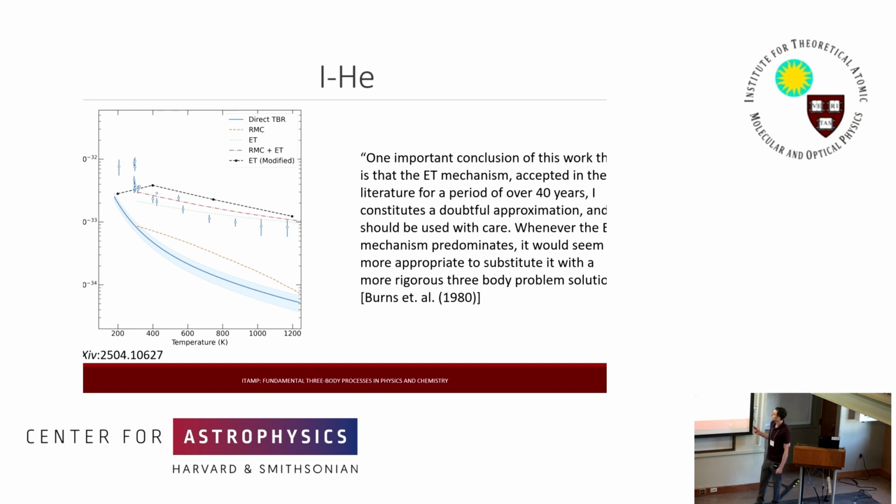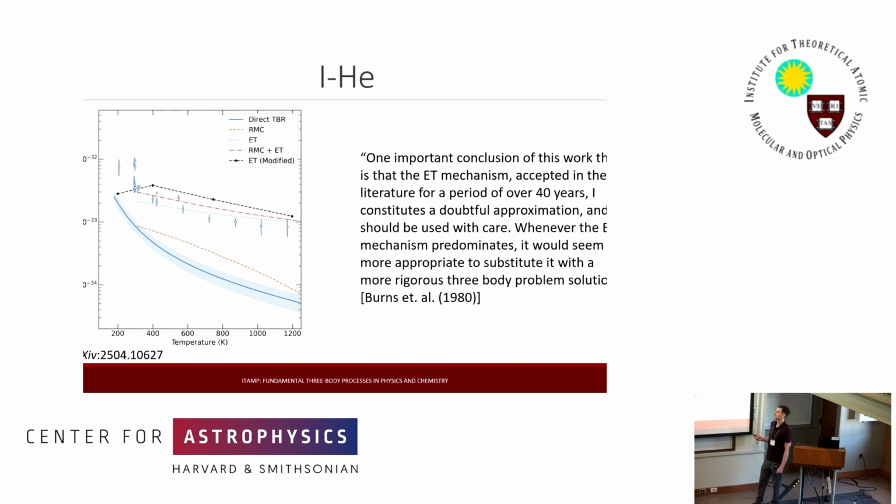to address this, Burns wrote, "One important conclusion of this work is then that the ET mechanism, the energy transfer mechanism, so when the third body is light, the ET mechanism is said to dominate, accepted in literature for a period of 40 years, constitutes a doubtful approximation and should be used with care.